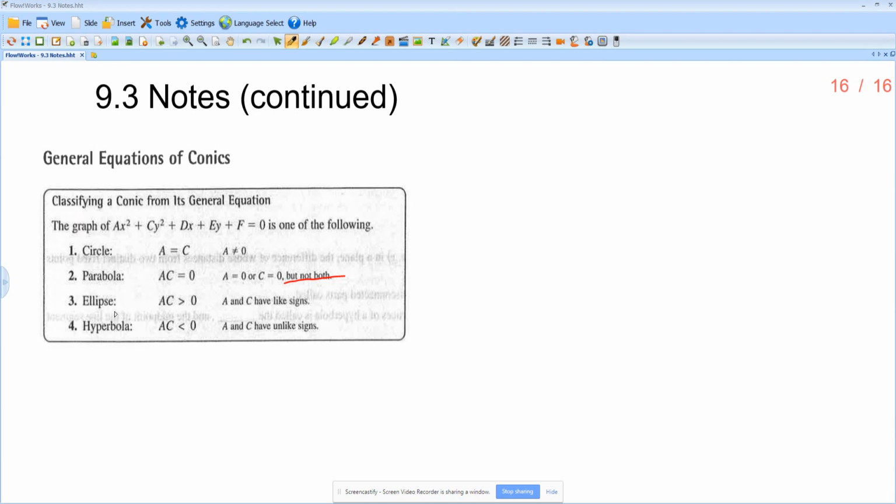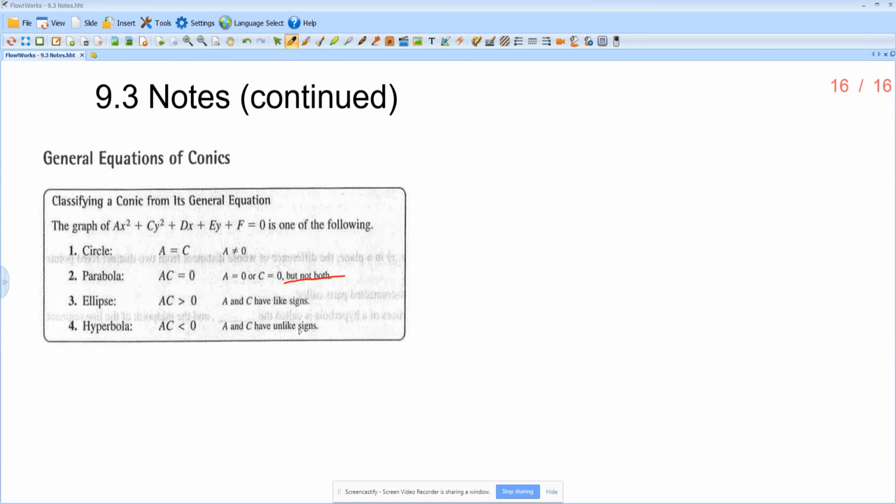In order for it to be an ellipse, the coefficient of x squared and the coefficient of y squared must have the same signs, which means that the product must be positive. And again, it has to be equal to 0 first, but if I know that I have like a 10x squared and a 7y squared, and then only these other terms, I could say right away this is an ellipse.